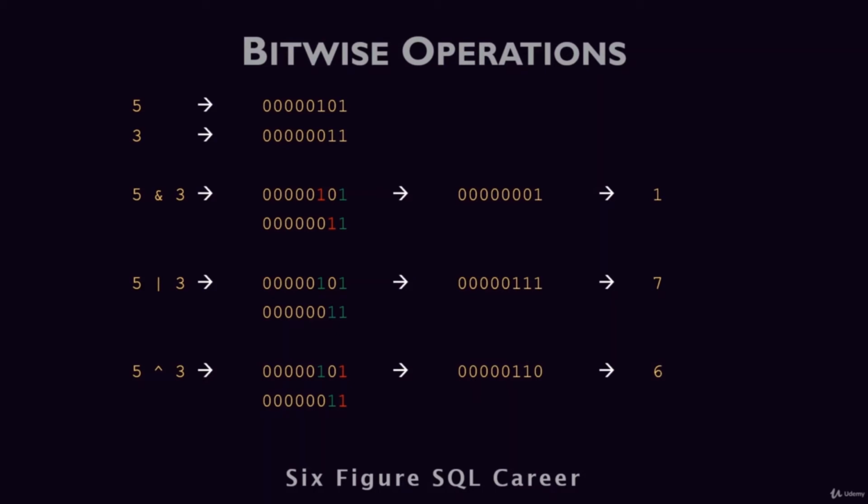My 2 place evaluates as 1 because it's 1 in my 3 and 0 in my 5. Similarly, my 4 position evaluates as true because it is 1 in my 5 value and 0 in my 3 value. So my XOR value is 6.